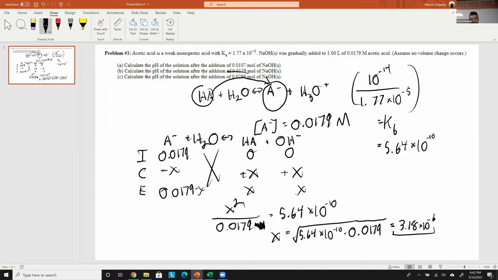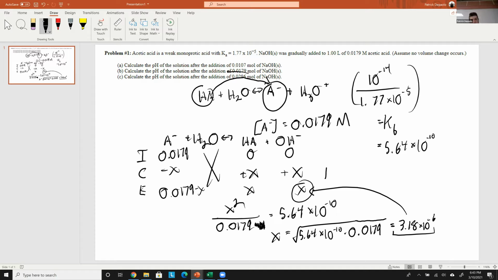All right, now this concentration represents X, which is at equilibrium at the equivalence point, and is our hydroxide concentration. So using our definition of the negative log of the hydroxide concentration, we can find the pOH.